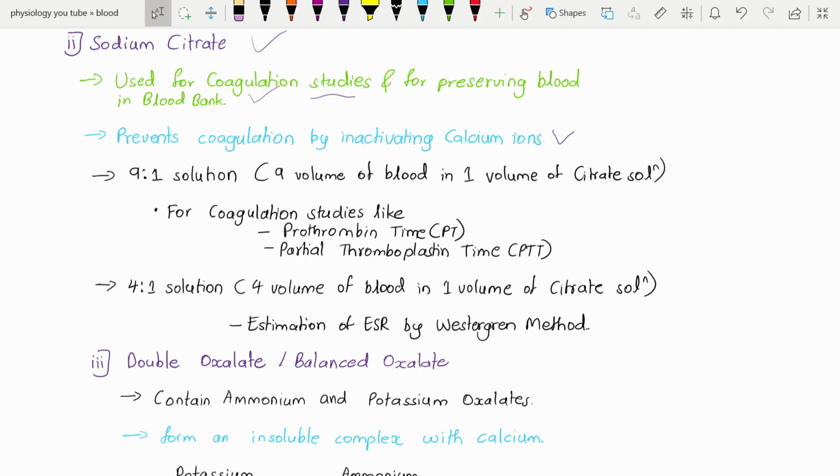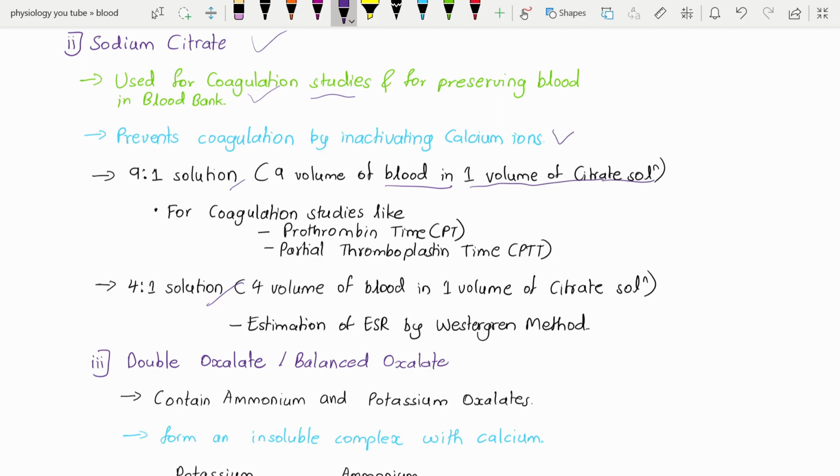We have two different types of sodium citrate solutions, two different formulations. Those are the 9:1 solution and the 4:1 solution. 9:1 solution means 9 volumes of blood in 1 volume of citrate solution.